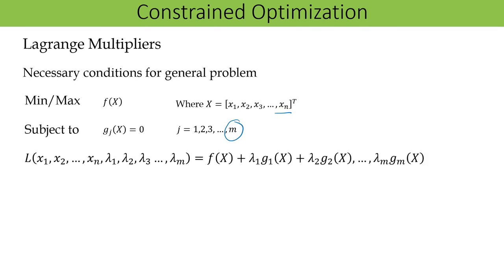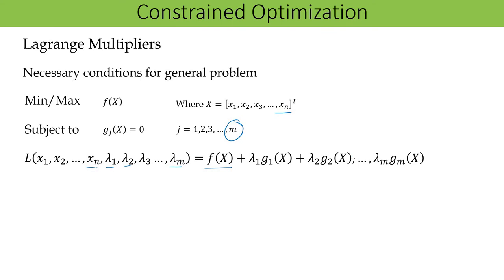Then I can write the Lagrange function like this. The Lagrange function will be L of x1, x2 up to xn, and now we have more than one constraint, therefore for every constraint there will be a Lagrange multiplier, that is lambda 1, lambda 2, lambda 3 up to lambda m. So I'm writing fx, then lambda 1 g1x, lambda 2 g2x, and up to lambda m gmx.